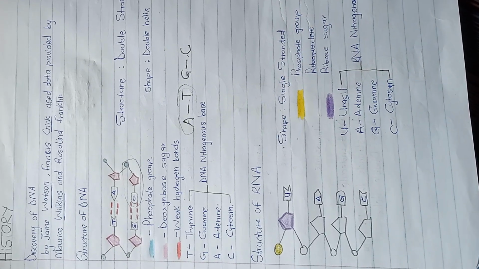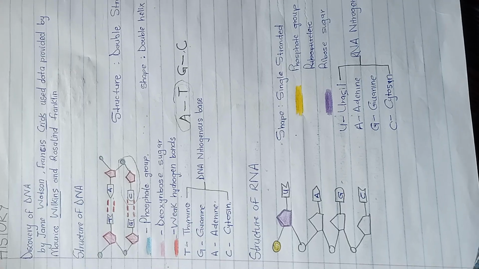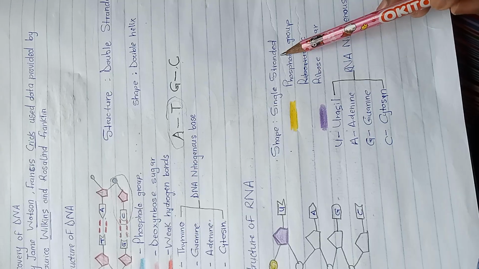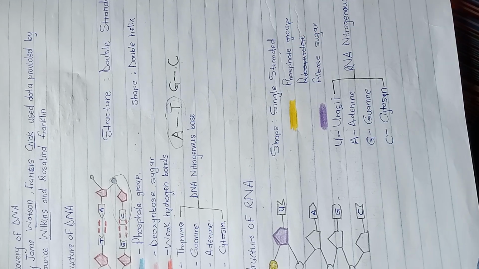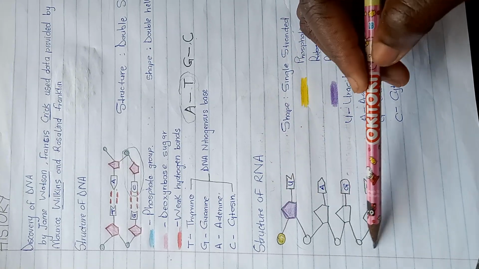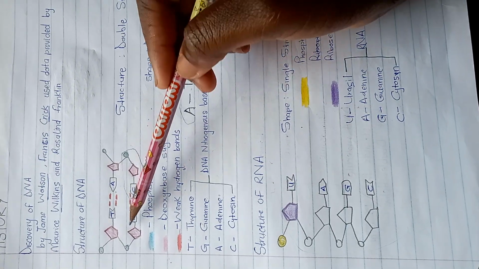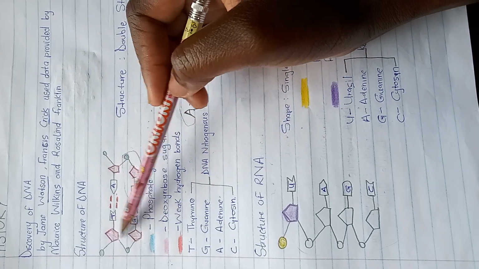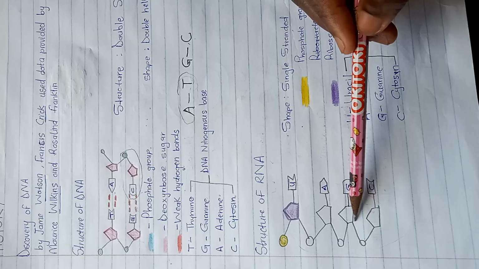I hope we're together there, because the following is the structure of RNA, which I told you to be ribonucleic acid. Its shape is single-stranded. You understand? It is single-stranded. As you can see, it only has this part, whereas this one was double-stranded. It had this one strand and this second strand, and this one only has one strand.